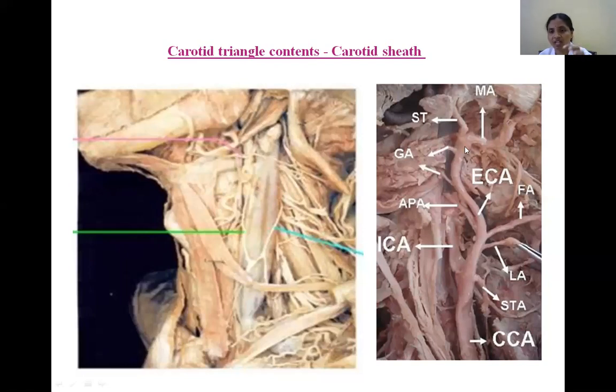Then, just below the ear, at the level of the lobule, it appears within the substance of the parotid gland. Just in front and below the ear, there is the apex of the parotid. So here the external carotid artery enters the interior of the gland. Within the gland, this external carotid artery bifurcates, otherwise called terminates, into a larger maxillary artery and a smaller superficial temporal artery.